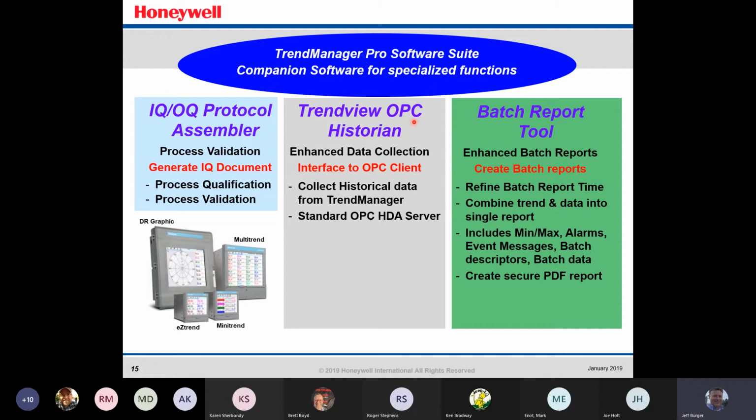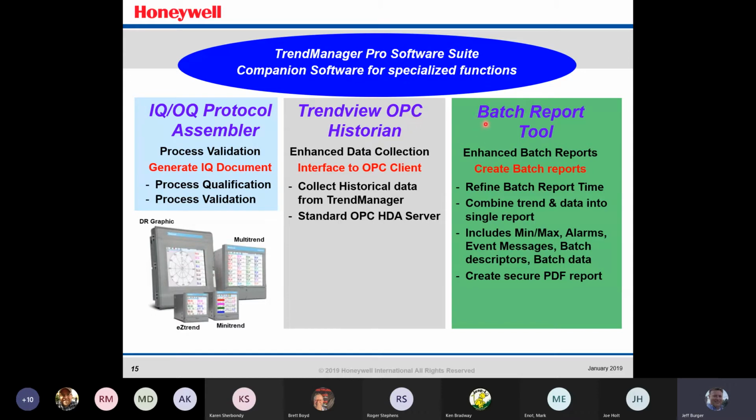What this means is, if you had a SCADA system, maybe a Wonderware, InTouch, Experion, or some other SCADA system in your plant, and it has an OPC server, you can actually access the data points out of the trend server software with OPC. So the TrendView OPC Historian is an option that you can buy with Trend Server in order to give that type of library of data tags, or library of data, that might want to be exported to a SCADA system.